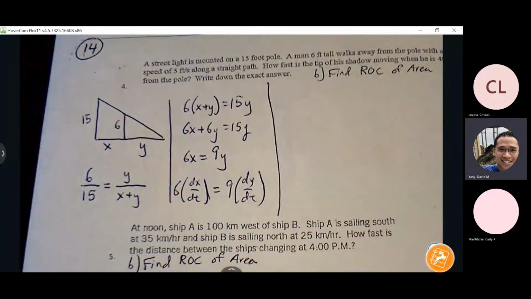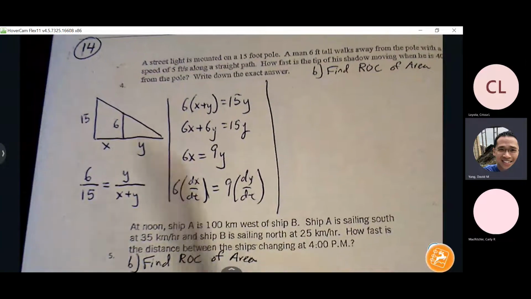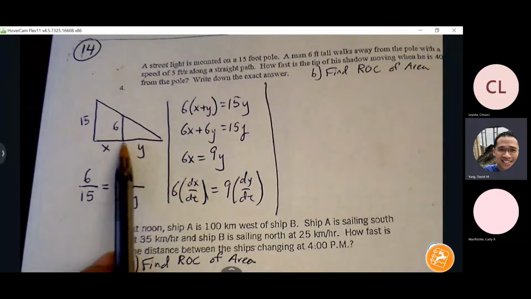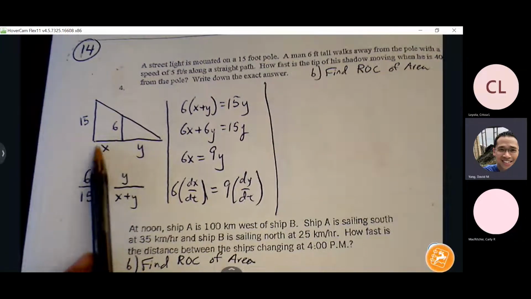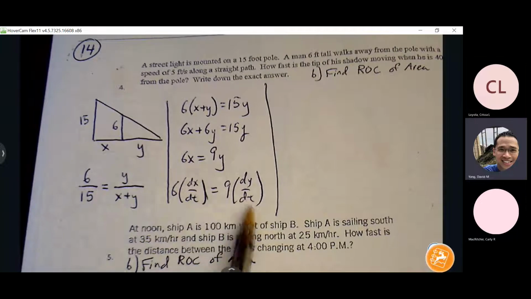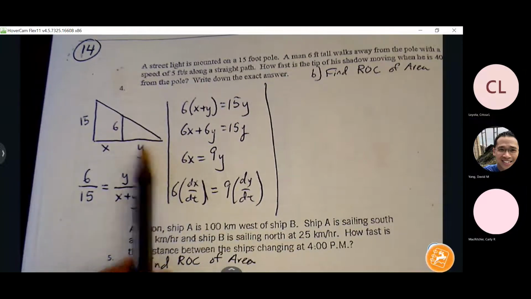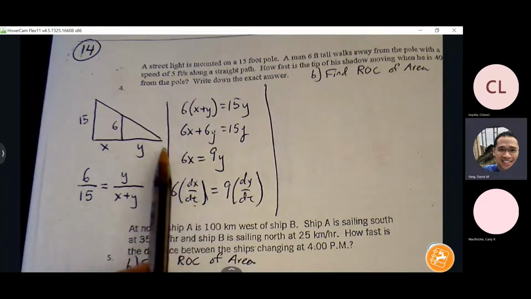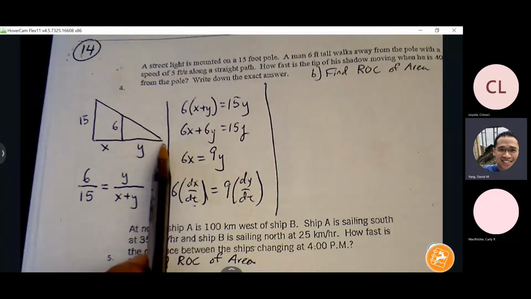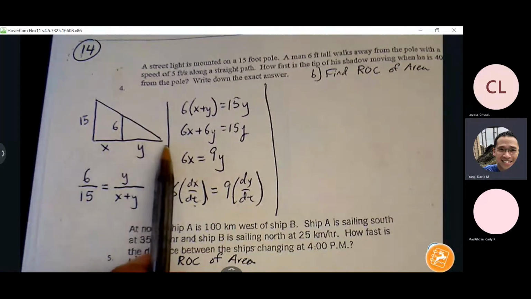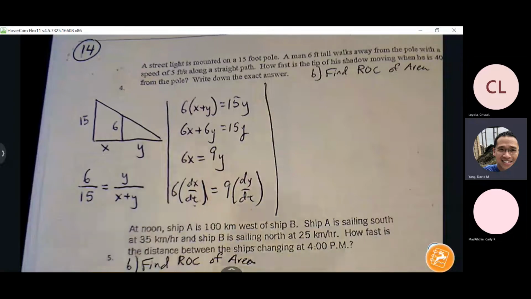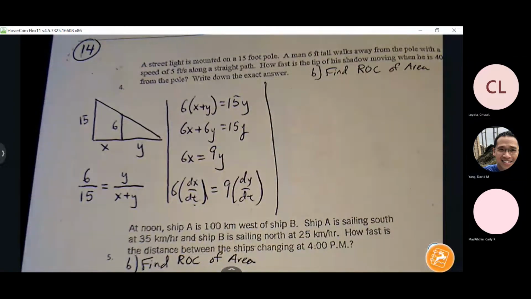Okay, so as a reminder what these mean, dx/dt is the rate at which the person is either moving towards or away from the lamppost, how fast he's moving. dy/dt represents how fast the shadow length is increasing. And then if I add the two rates together, that tells me how fast the tip of the shadow is moving in relation to the ground. So the tip of the shadow is going to be moving the fastest because x and y are both going to contribute to how fast that tip is moving on the ground.